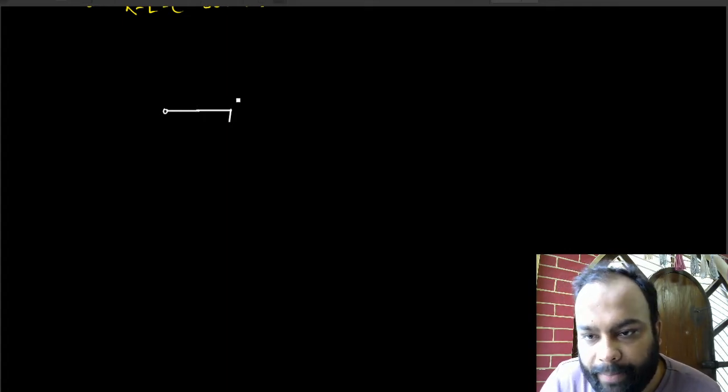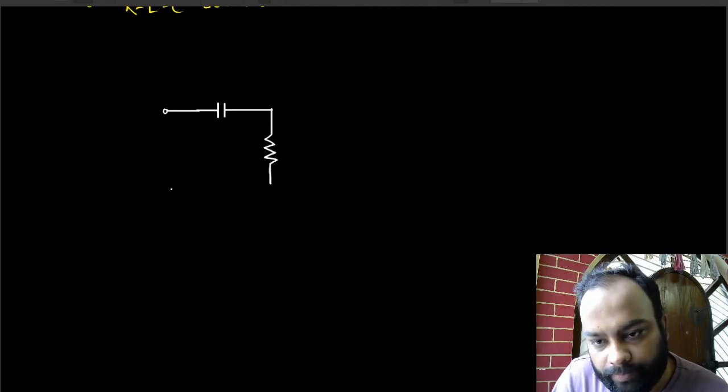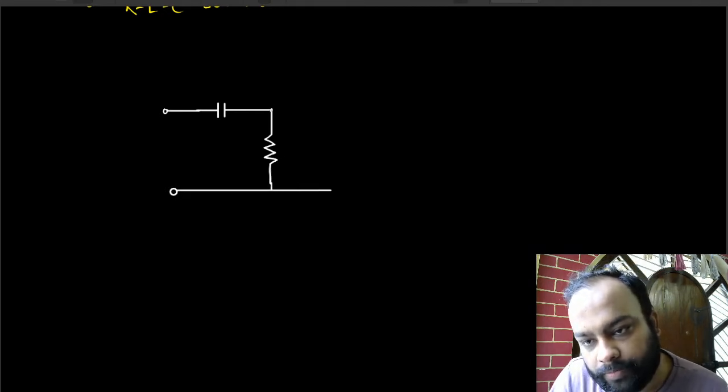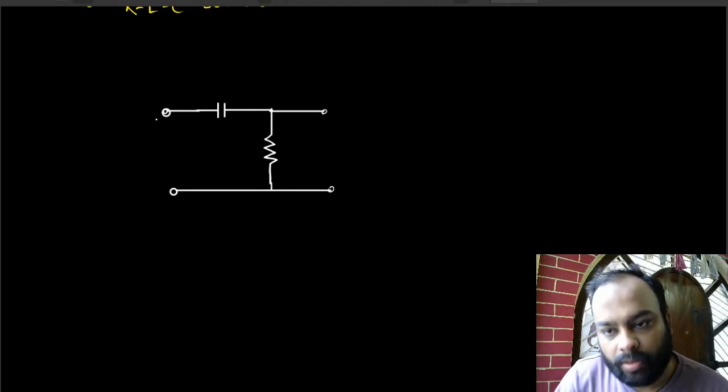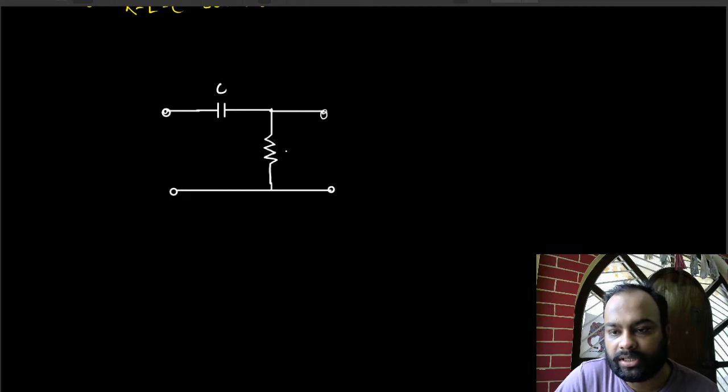So we have the input, and now here is the capacitor for the series RC circuit, and by now I believe you have become quite familiar with the series RC circuit. Here I am applying the voltage, of course. So this is C, this is R, these are the corresponding constants, the capacitance and the resistance.